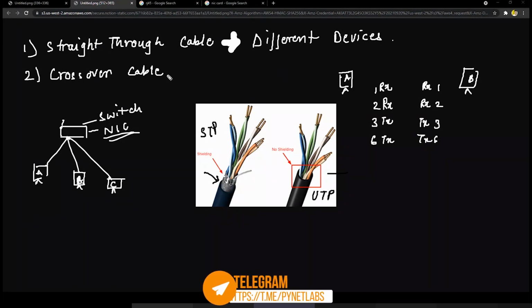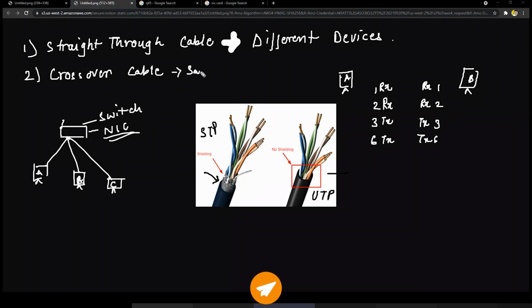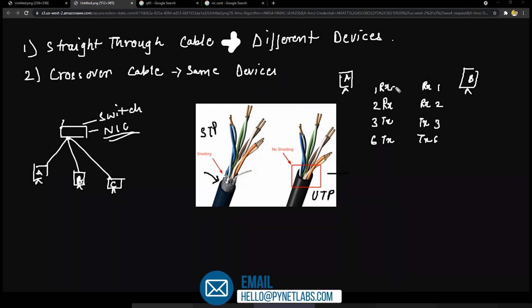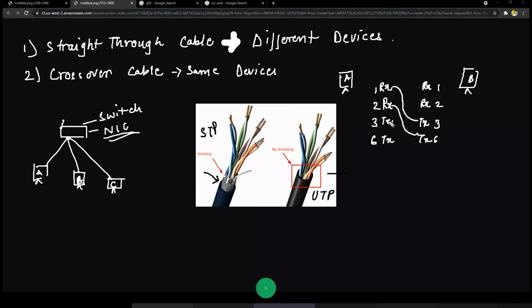So when we take crossover cable, which is used between same type of devices, we connect pin 1 with pin 3 and pin 2 with pin 6, then pin 3 with pin 1 and pin 6 with pin 2.